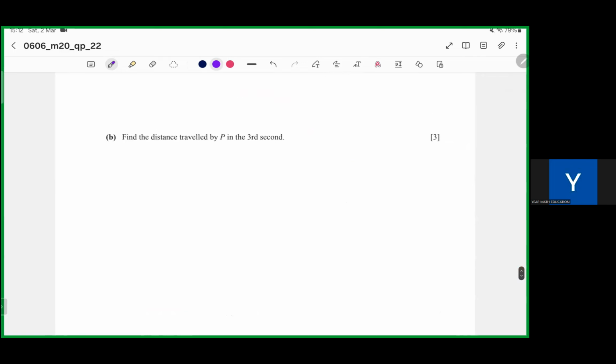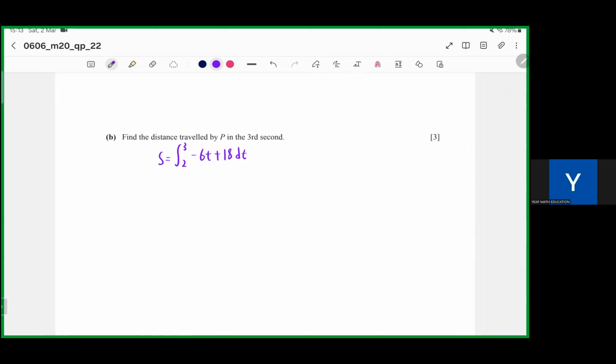Now we continue to question b. Question b asks to find the distance traveled by P in the third second. It means at the third second. We take s equals the integral from 2 to 3 of -6t plus 18 dt.